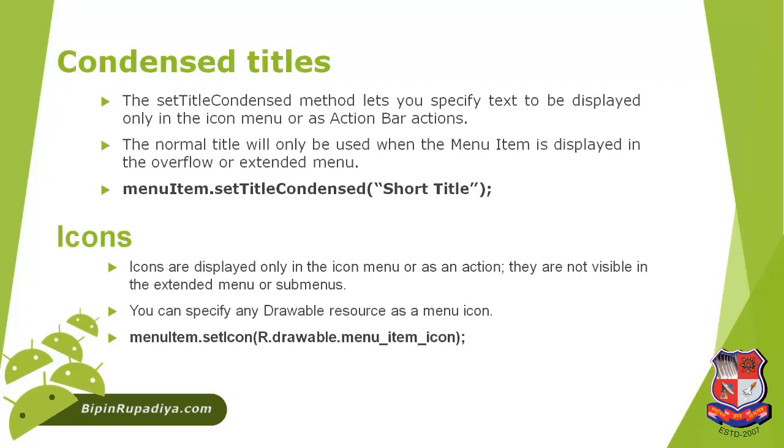Another one is an icon. They always say a picture says a thousand words, right? Only one symbol can represent the item, like a call icon or a dial icon, meaning you can dial the number.